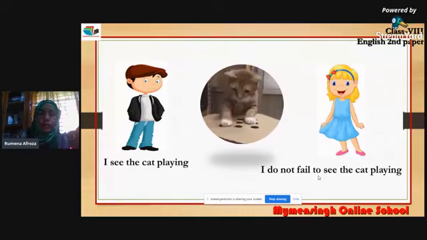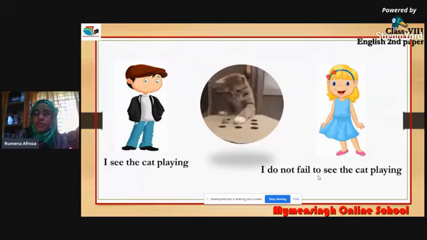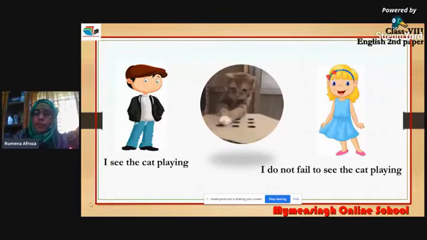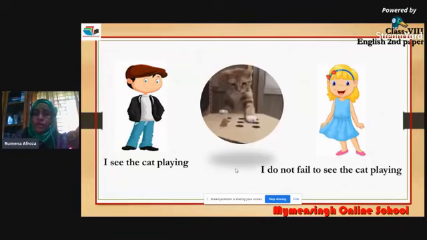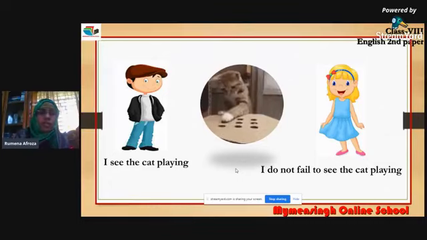I see the cat playing. I don't fail to see the cat playing. What are the differences? Yes, students, the difference is one sentence is positive, another sentence is negative. Both are statements, but one is affirmative, another one is negative.